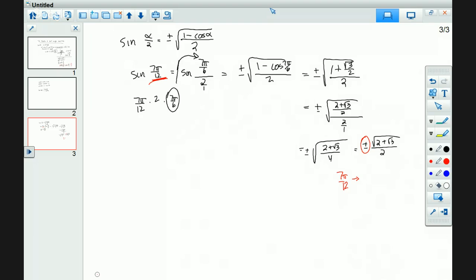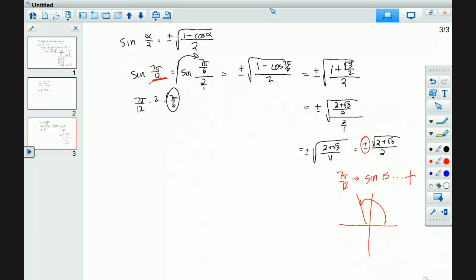Is sine positive or negative? 7 pi over 12. Is sine positive or negative? It's the y values. Sine is positive.